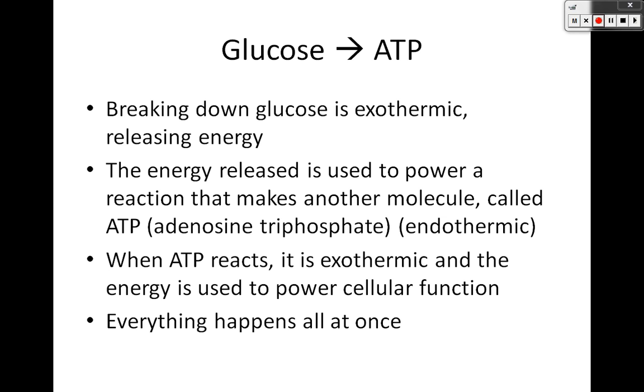It takes very little energy to break it down, and the products that form are very stable, so the overall thing is exothermic. That energy is used to power a reaction that makes another molecule called ATP, which is adenosine triphosphate. The making of ATP is an endothermic reaction.